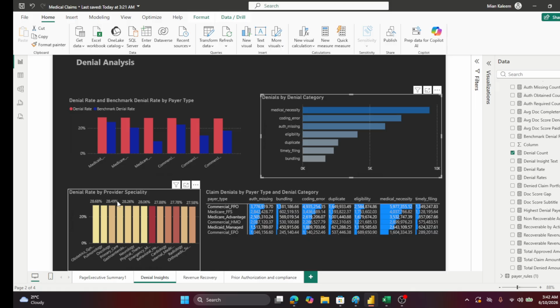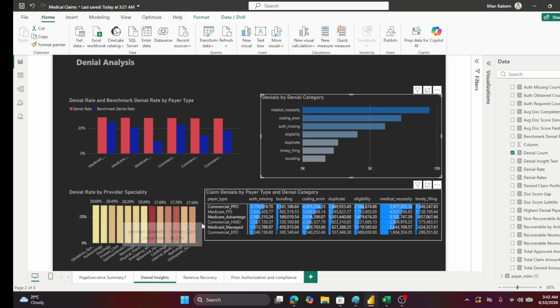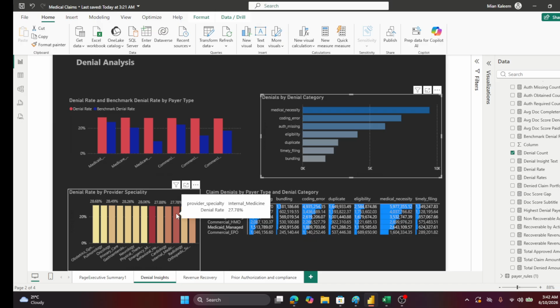Denial rate by provider specialty. Most claims denied are emergency medicine. Denial rate by provider specialty: obstetrics and gynecology have 28.68, 28.53, and then the highest are internal medicine and cardiology.